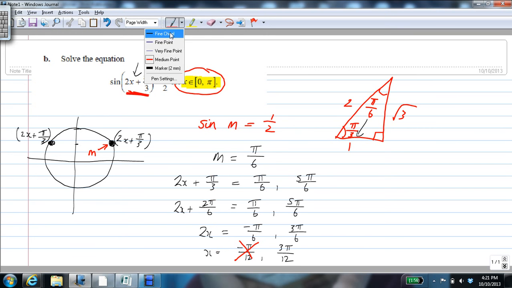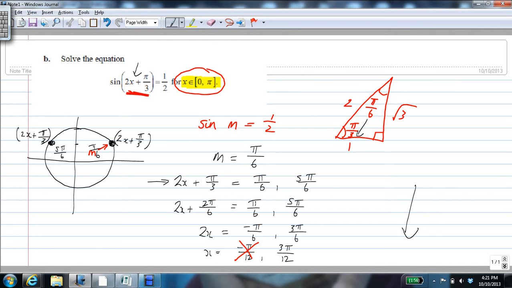But I'm wondering if I have more solutions up here. So I'm going to go back to my very first line, and I'm going to go back to my unit circle and generate some more solutions for 2x plus pi on 3, and then I'm going to work my way down and see where I end up with for x. So my first solution was pi on 6, then I went to 5 pi on 6, and I keep going round.